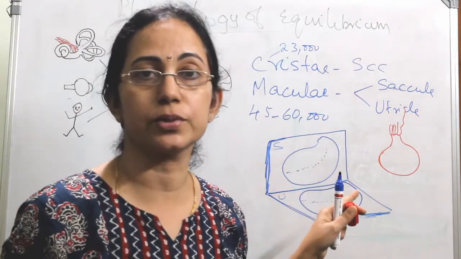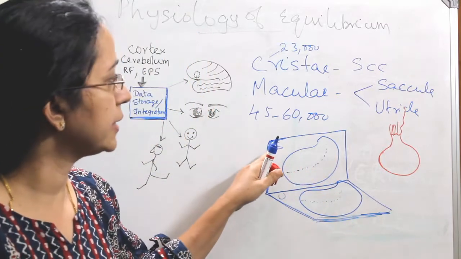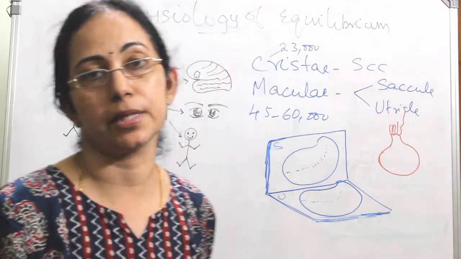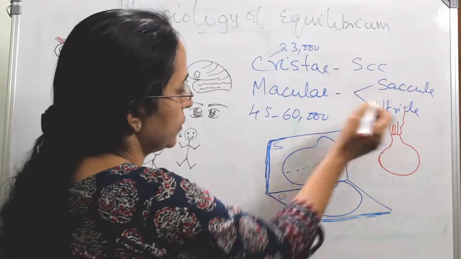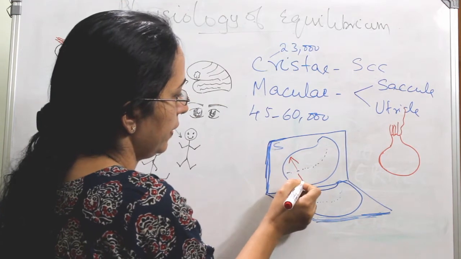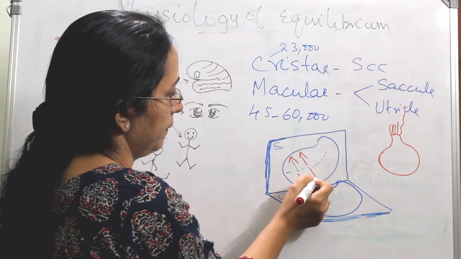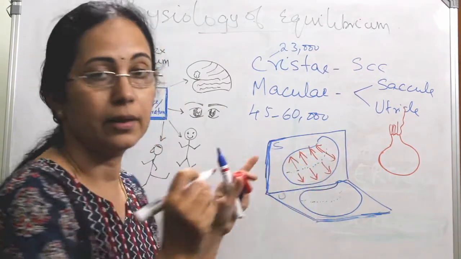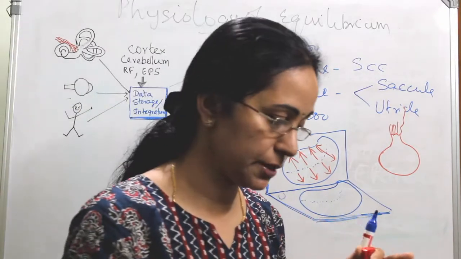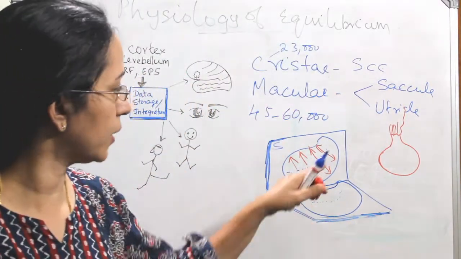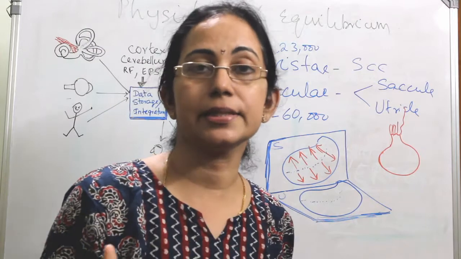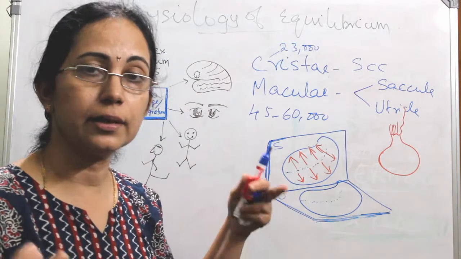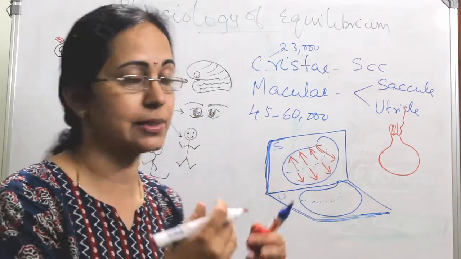The arrangement of the kinocilium is important, and in the saccule this kinocilium is arranged away from the striola. Striola is a central linear structure which separates the macula into two portions. And in the utricle, this kinocilium is arranged towards it.